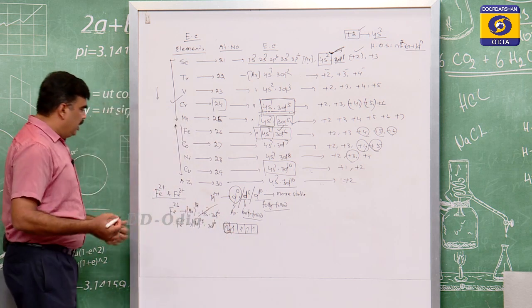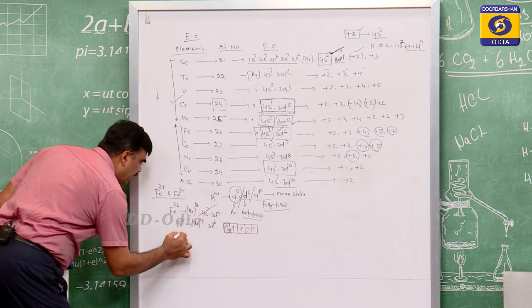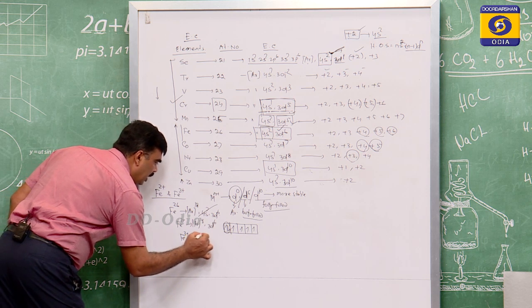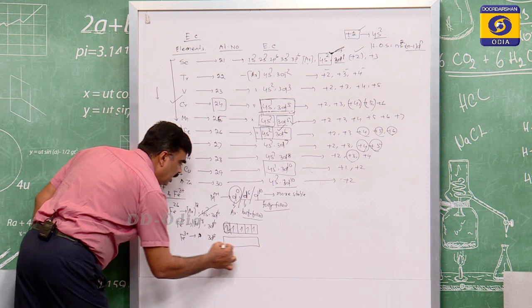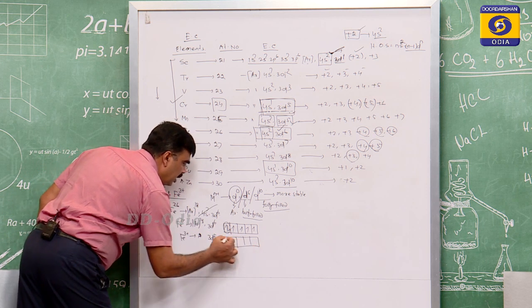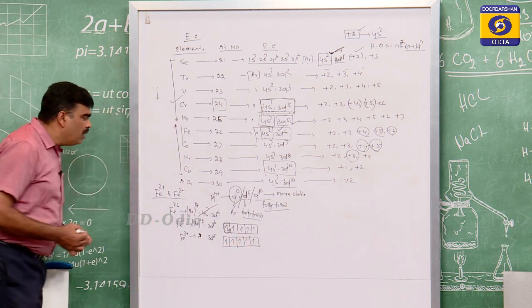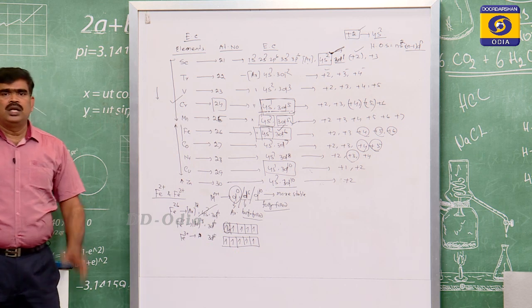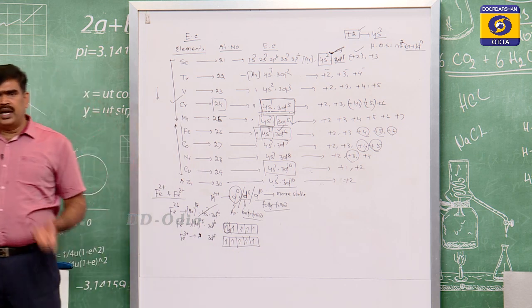So here it is not exactly half-filled. In case of ferric, you have argon and 3d5. 3d5 means you have exactly half-filled orbitals. Exactly half-filled orbitals mean minimum electronic repulsion, greater exchange energy. That is why ferric ion is more stable than ferrous. So it is one of the criteria.